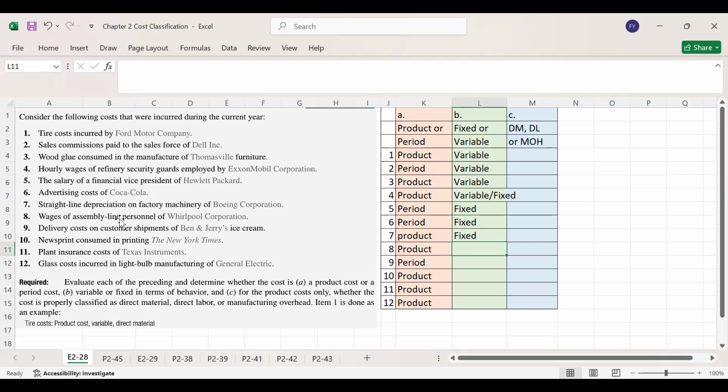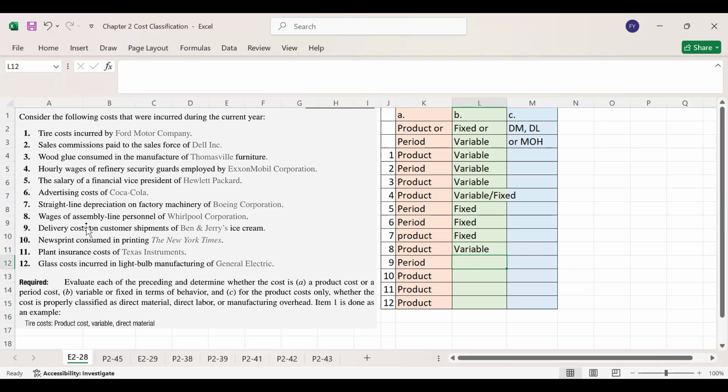Assembly line personnel are directly involved in the production or assembling of the units. As the number of units increases, the wages will increase. As the number of units decreases, the wages will decrease. So these are a variable cost.